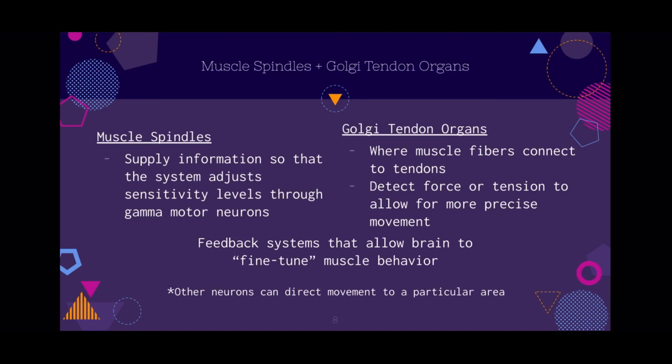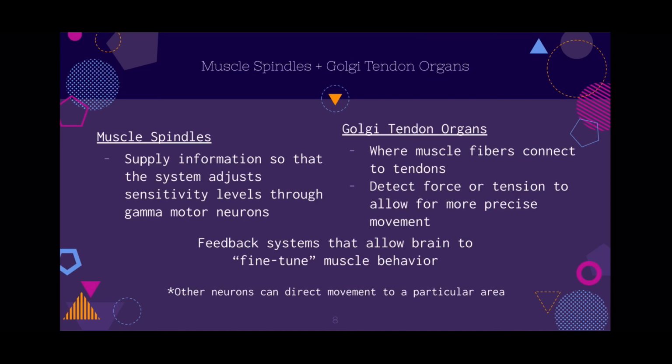Golgi tendon organs are located where the muscle fibers connect to tendons, and their function is to detect force and tension on the muscle, and they allow the muscle to move more precisely. Both of these are examples of feedback systems that allow the brain to fine-tune the muscle behavior.